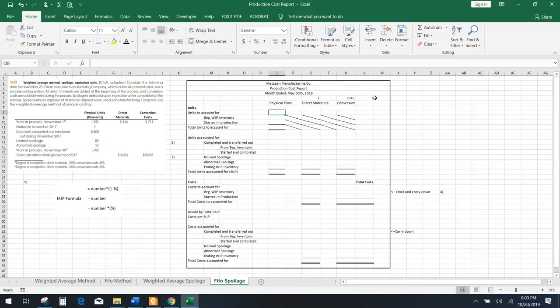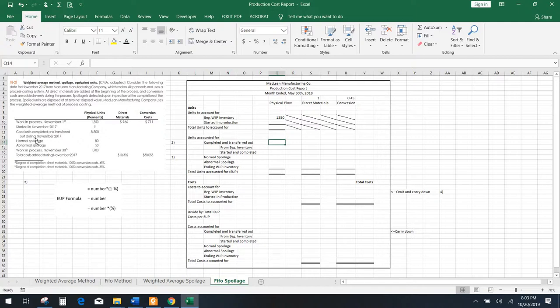After you've done that, we can go ahead and put in the units. So we have 1350 for our beginning work in process inventory. Started in January, they don't give it to us, so we're going to have to go down here, and it says completed and transferred out.